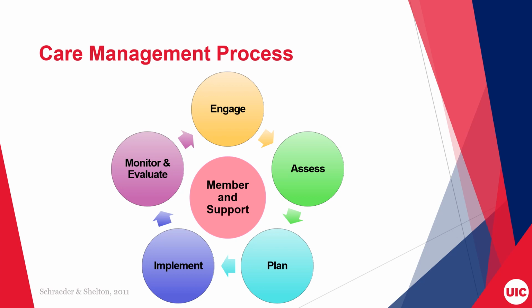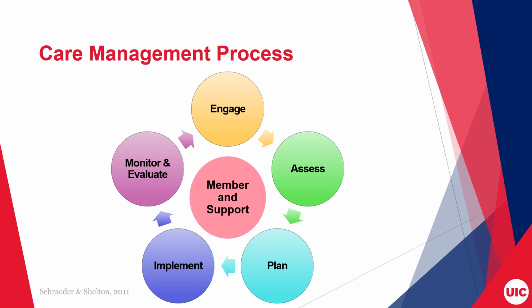The care manager then develops the care plan, which is subject to ongoing revision. Next, the plan is implemented as the member receives the services indicated in the plan. The care manager is monitoring and evaluating the implementation, while also maintaining engagement. Ongoing assessment leads to revision in the plan and adjustment in implementation.